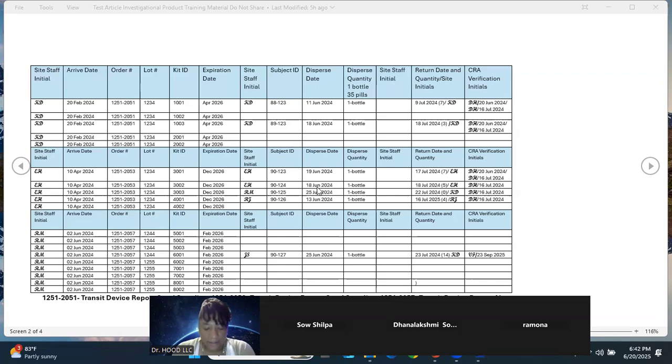The next subject, 9124. They're good. And they are good because even though this is 30 days, we have that in the protocol, that plus 7. So that's why the bottle has 7 extra pills in it. So they are good. Good job catching that.